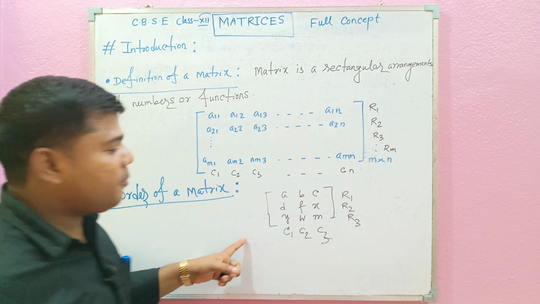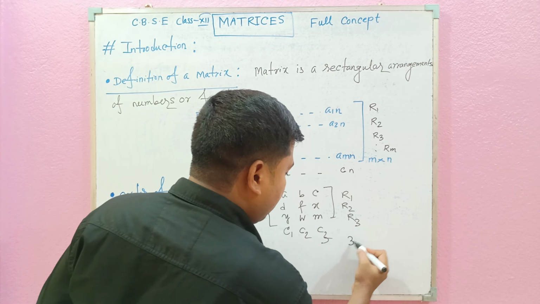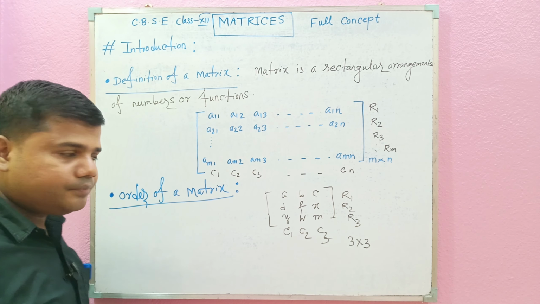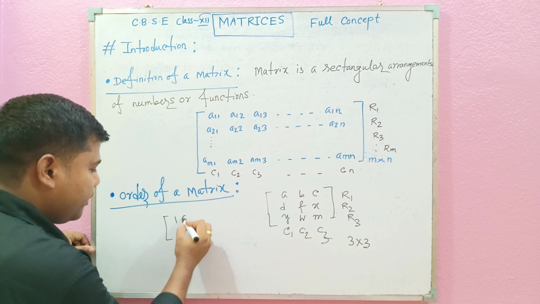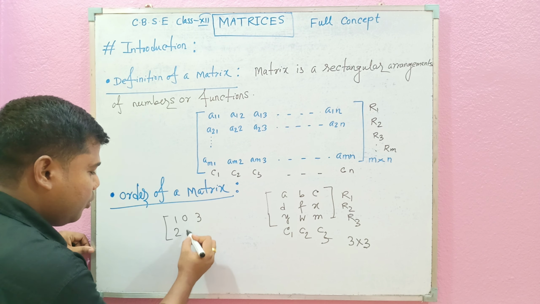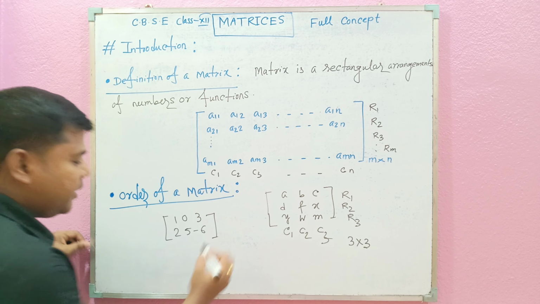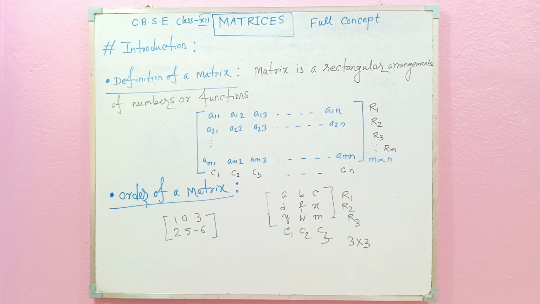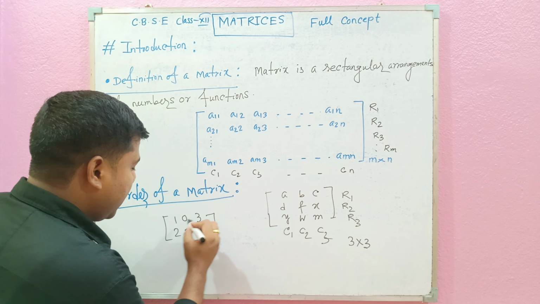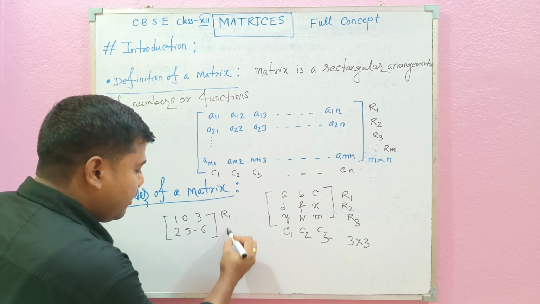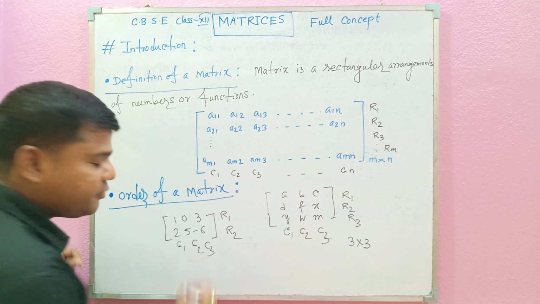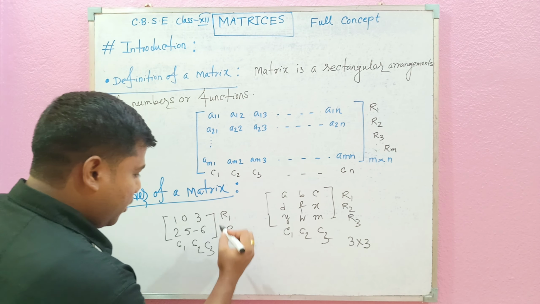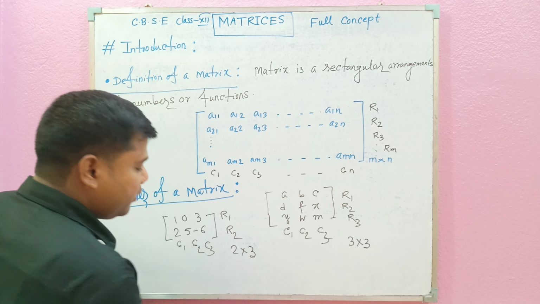So, the order of the matrix is 3 cross 3. Next, suppose 1, 0, 3, 2, 5, -6 is a matrix. Then the rows are R1, R2 and the columns are C1, C2, C3. That is, the order of the matrix is 2 cross 3.